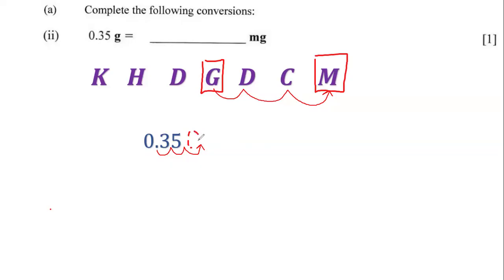So what we actually have is 0, 3, 5, 0. Now, 0, 3, 5, 0 is basically the same thing as 350. Both are saying the exact same thing. That's the correct answer there.